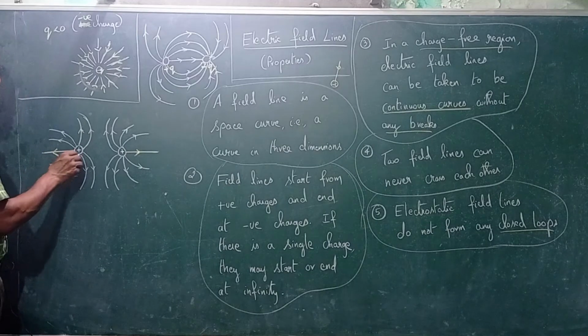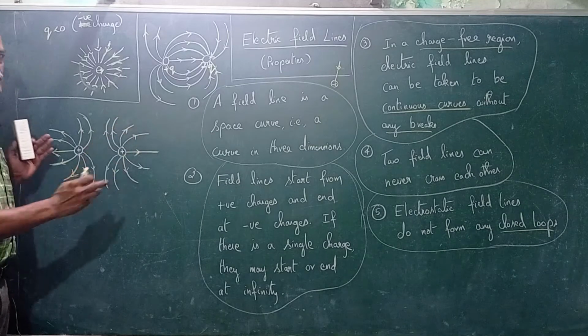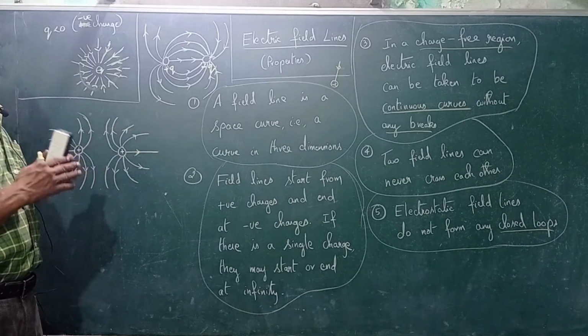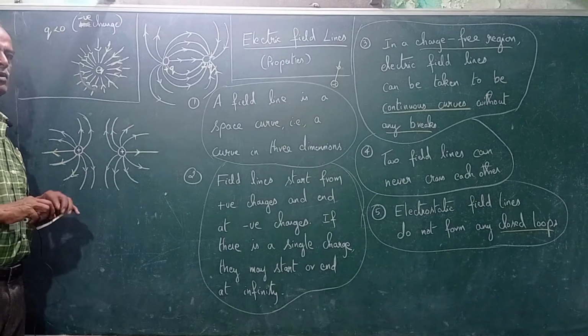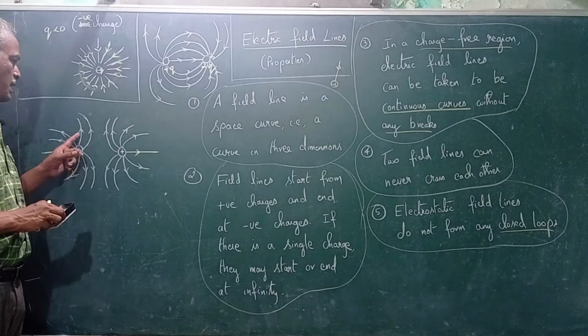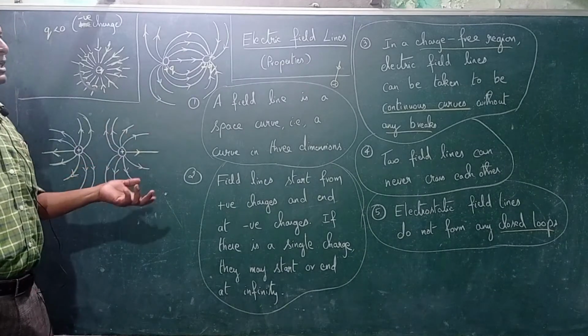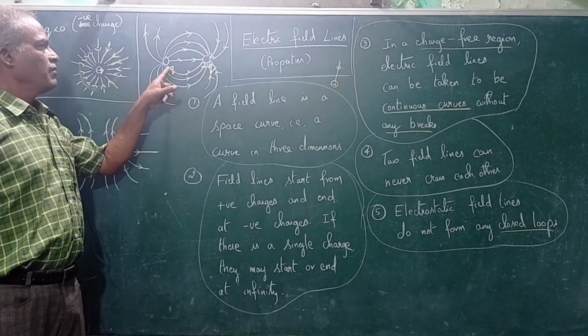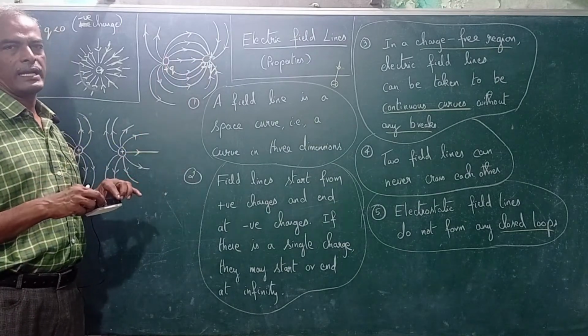Otherwise, these are all curved lines. So there is no attraction, only repulsion. If both charges are positive or both are negative, only the direction of the electric field lines will change.